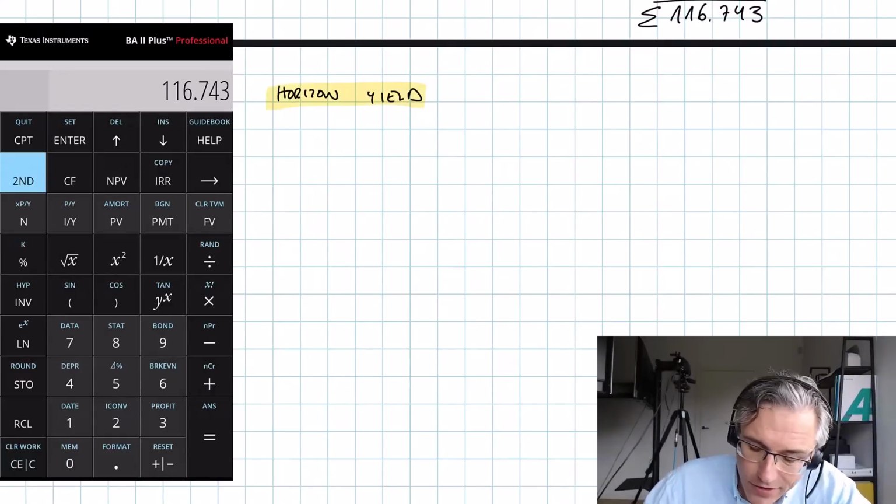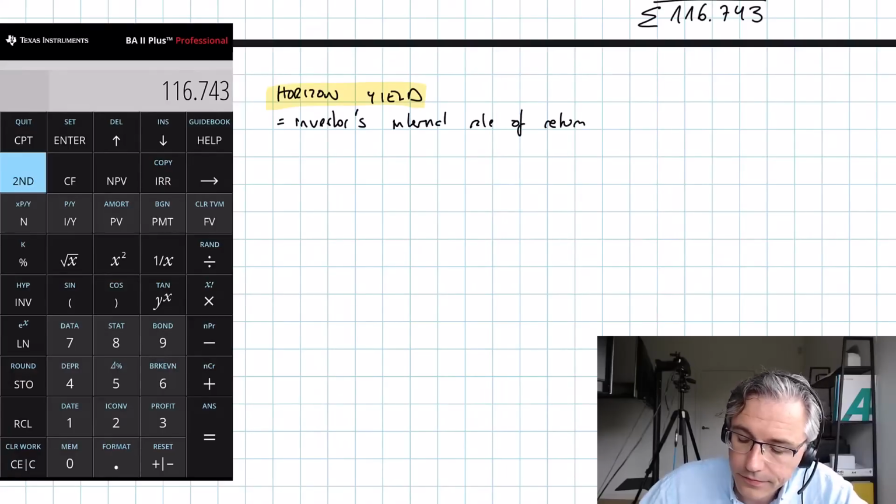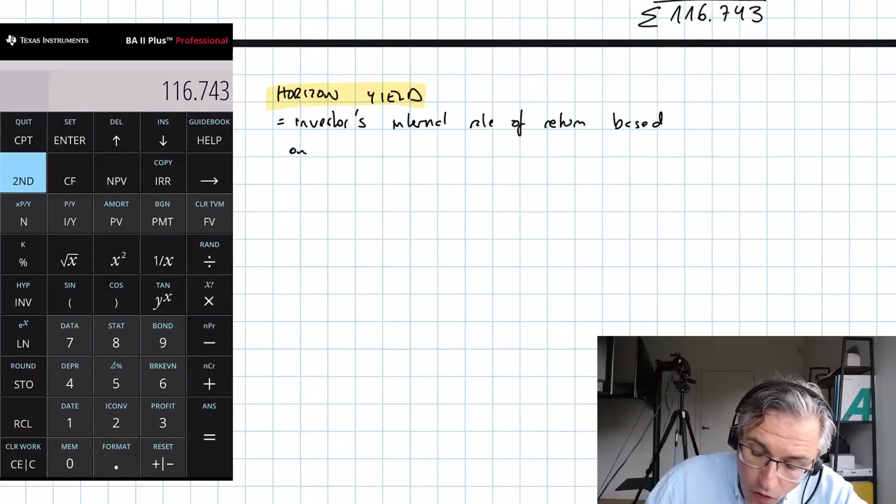So the rate of return experienced by the investor, internal rate of return, based on the absolute total return.